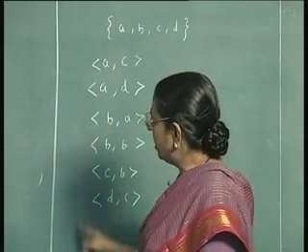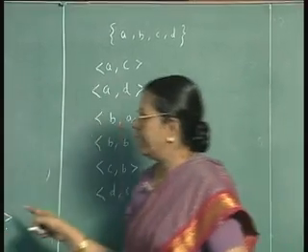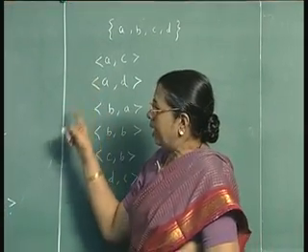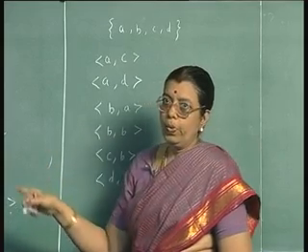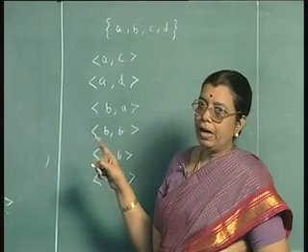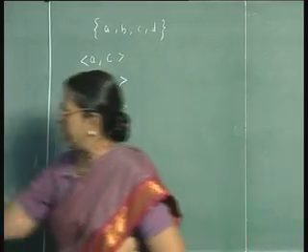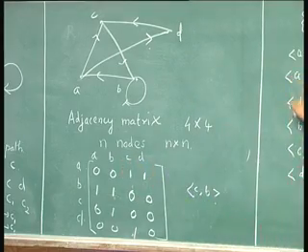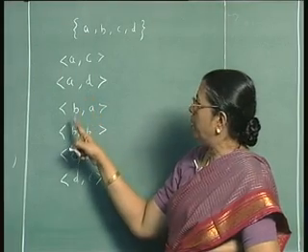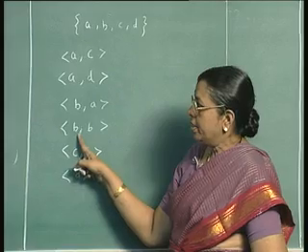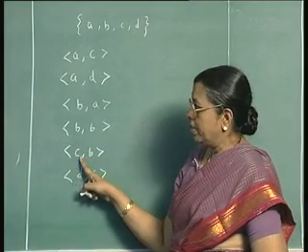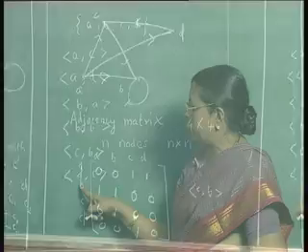And if you see the correspondence between this and this, you are listing the elements row by row, and each element represents an ordered pair in the relation. See, first take the first row, A to C, A to D you have, then the second row B to A, B to B you have, then C to B you have, the third row, and the fourth row D to C you have.